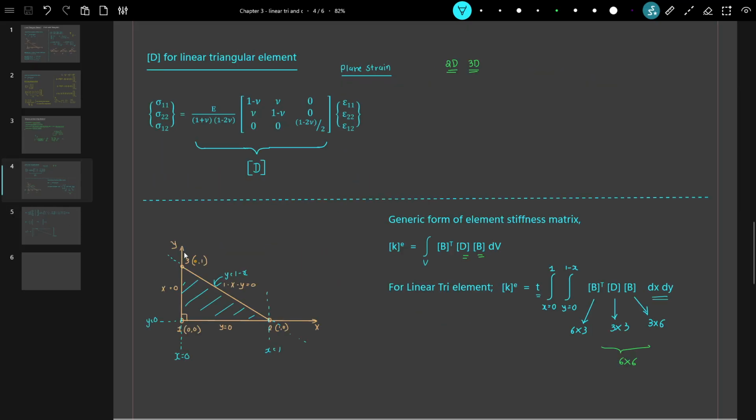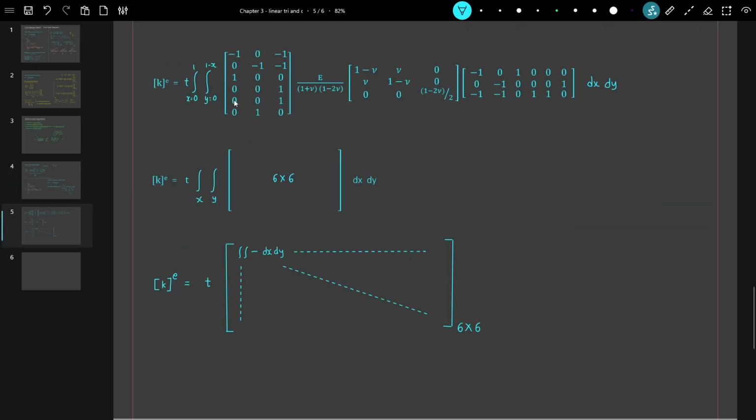Now we will substitute our B transpose, D and B from previous slides into this K matrix, and we get this. This is our B transpose, this term is D, and this is B, with dx dy, and t we can take outside, and these are our x and y limits.